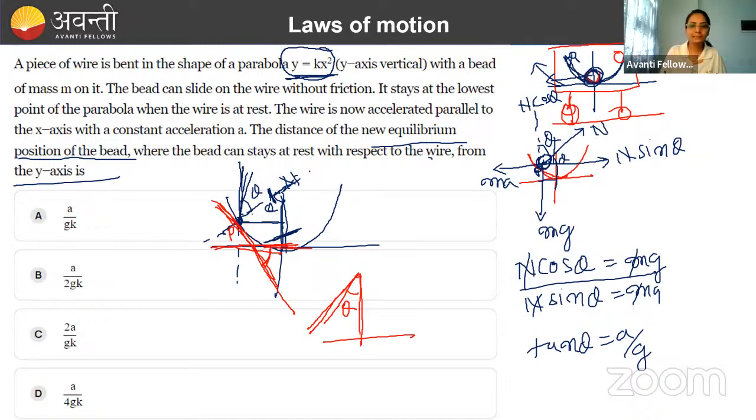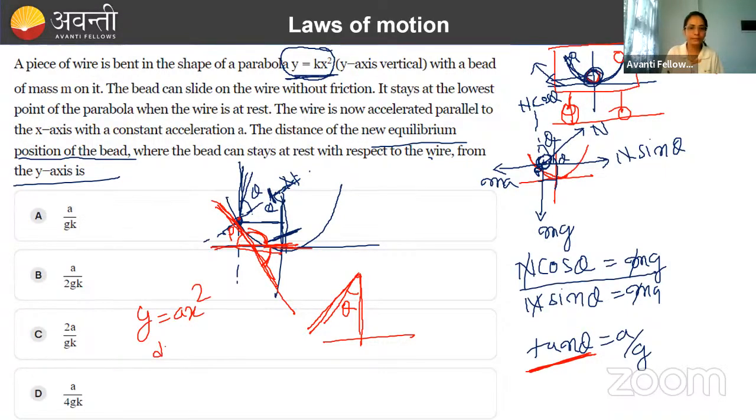Then this is nothing but the slope at point P, 180 minus theta. So tan theta can be written as the slope at point P, the slope of this curve at point P, right? And slope we can calculate from the equation, because the equation for this curve is given. What is the equation?